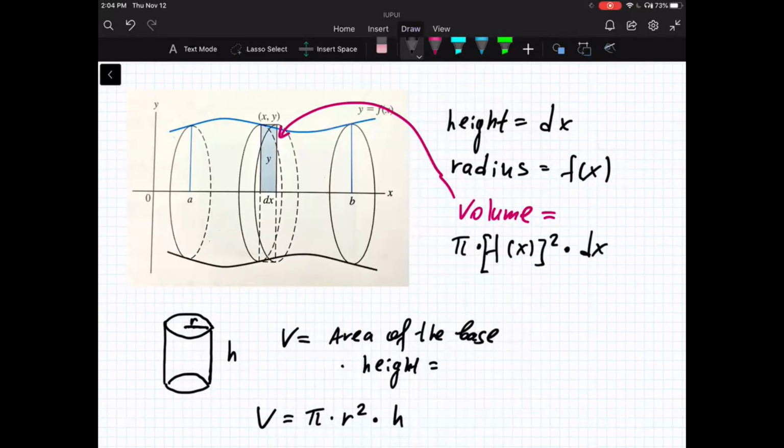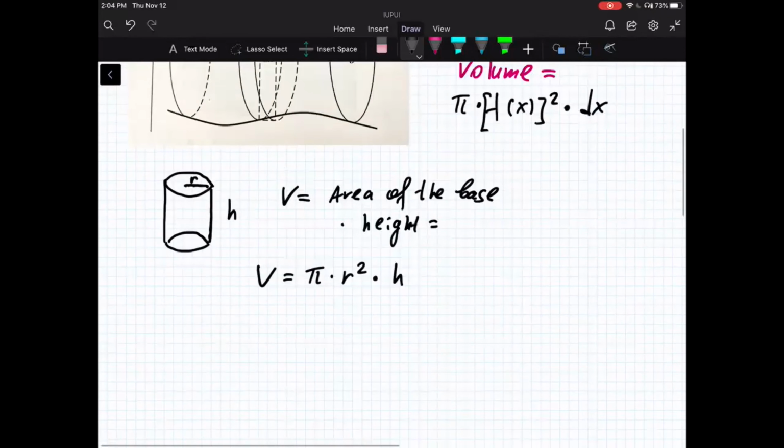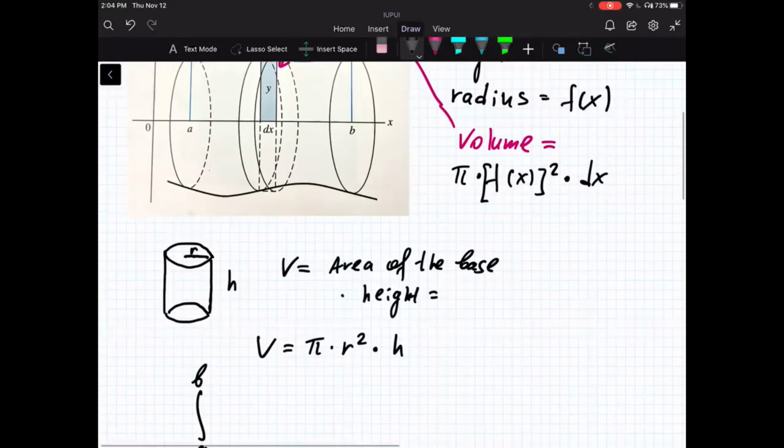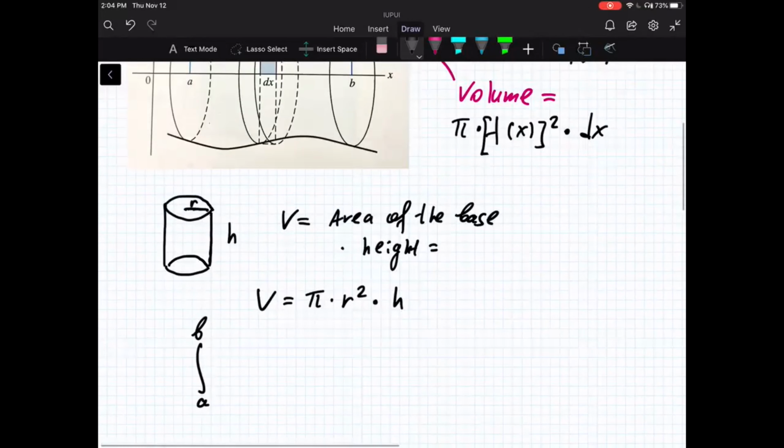And then we need to sum up all such cylinders in order to obtain the whole volume. And again, as we remember, summation corresponds to integration. So we get the integral from a to b of our typical element. In this case, it will be pi times f of x squared times dx.